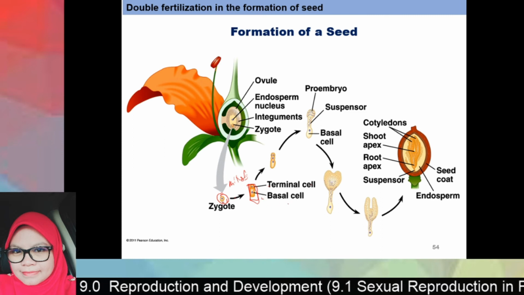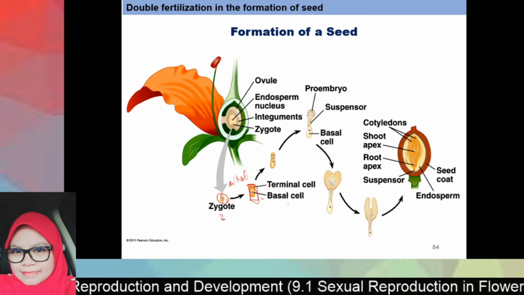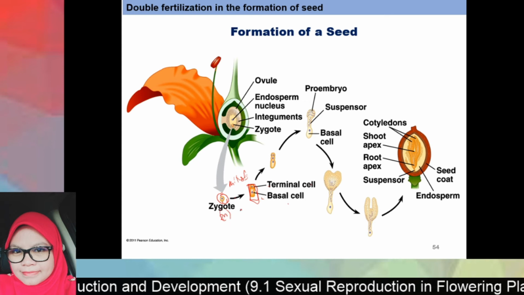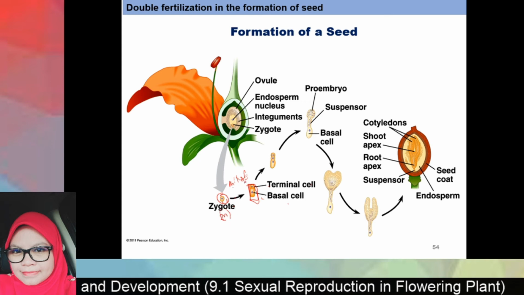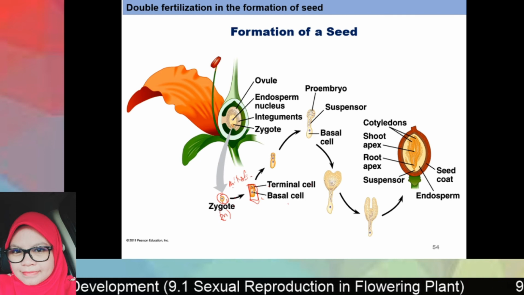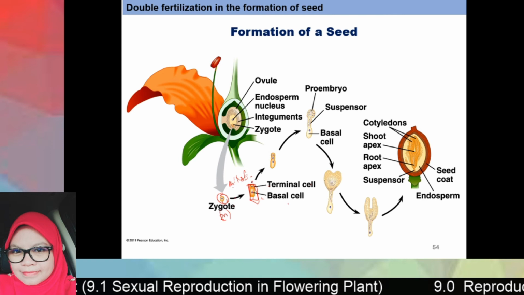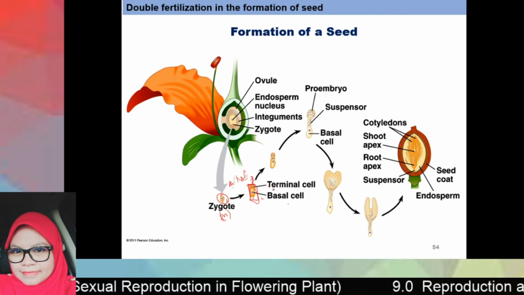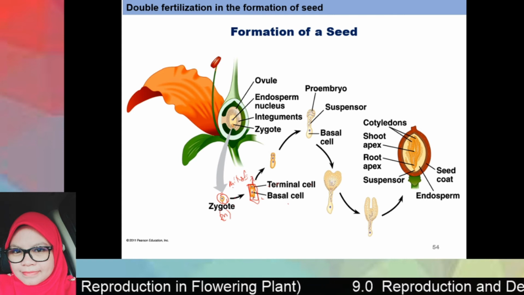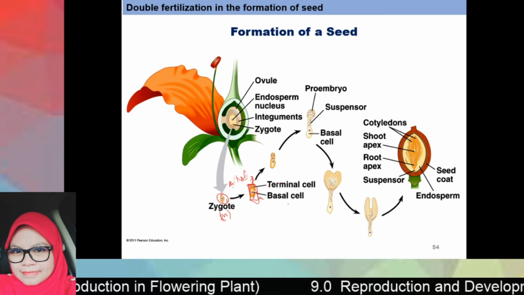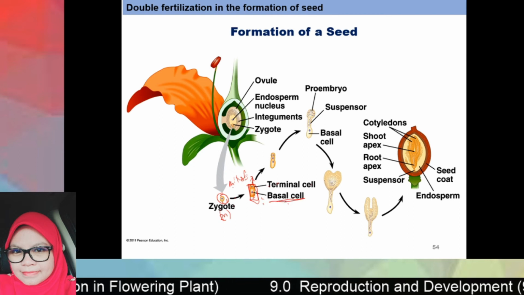So remember, this zygote is actually a two-end structure. It then will undergo mitosis to form two cells. The upside cell we call the terminal cell, and the downside cell kita panggil sebagai basal cell.